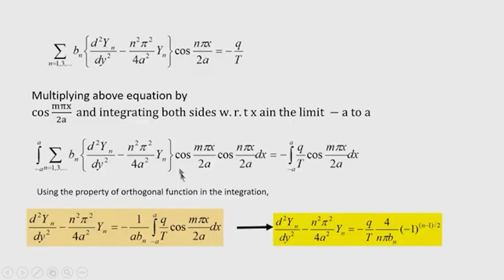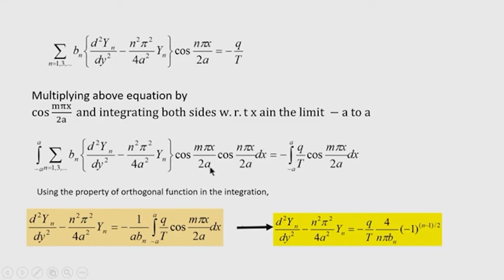So, multiplying this equation with cos m pi x by 2a, both sides, and then using the orthogonal property of the cosine function, after utilizing the orthogonal property we get this a, only a, and the other right hand side will be in integral form.